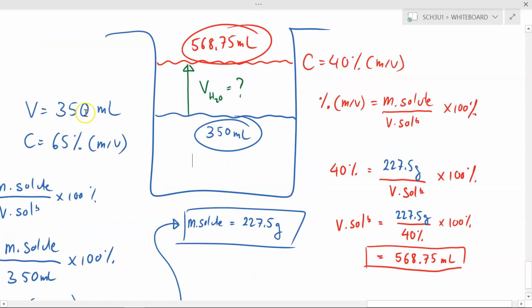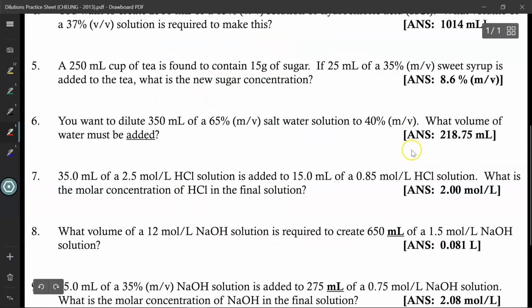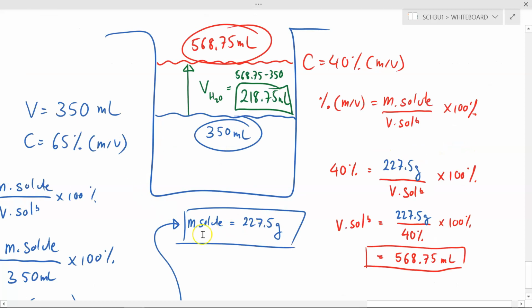So if the old solution volume was 350 milliliters and the new solution volume is 568.75, I can subtract these two numbers, giving me 218.75 milliliters of water required to add to the original solution in order to make it a 40% M/V dilution. I then confirm it with my answer key and we're good to go. Alright, so that is our lesson on dilutions.